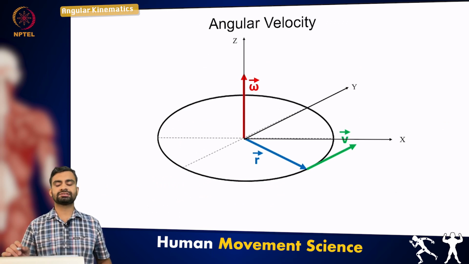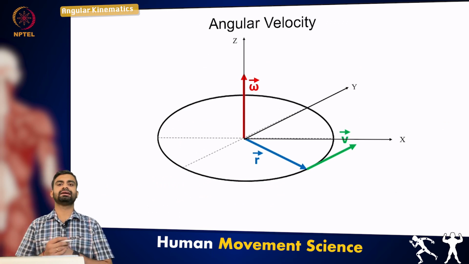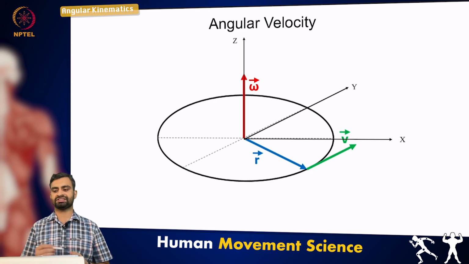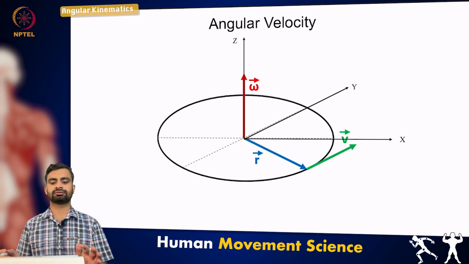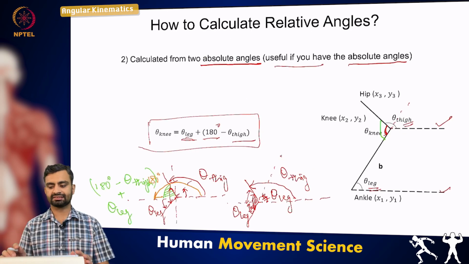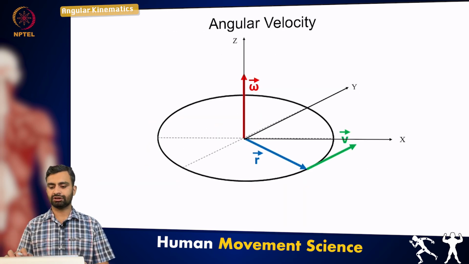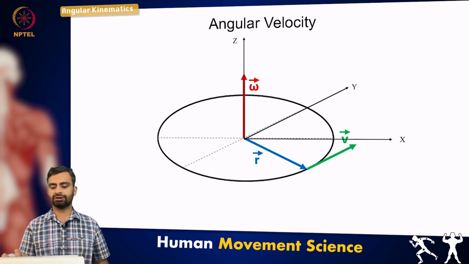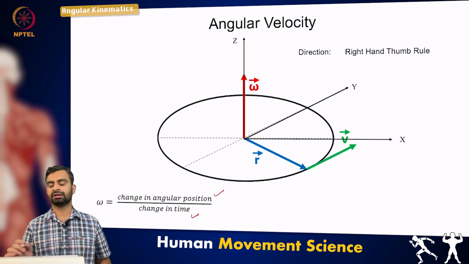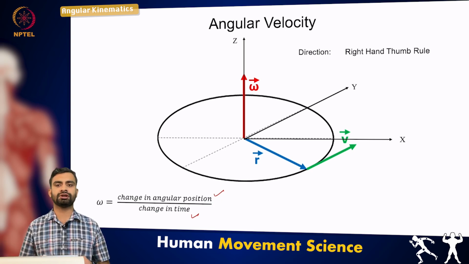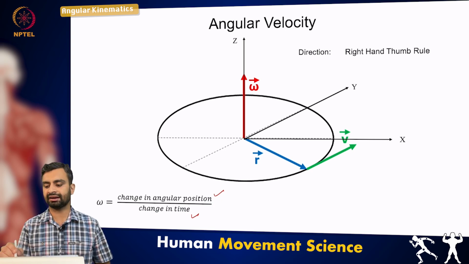Now let's move to the next concept, that is angular velocity. As we discussed in linear kinematics about linear velocity, here also angular velocity is nothing but change in angular position divided by change in time, and the direction of angular velocity is given by the right hand thumb rule.